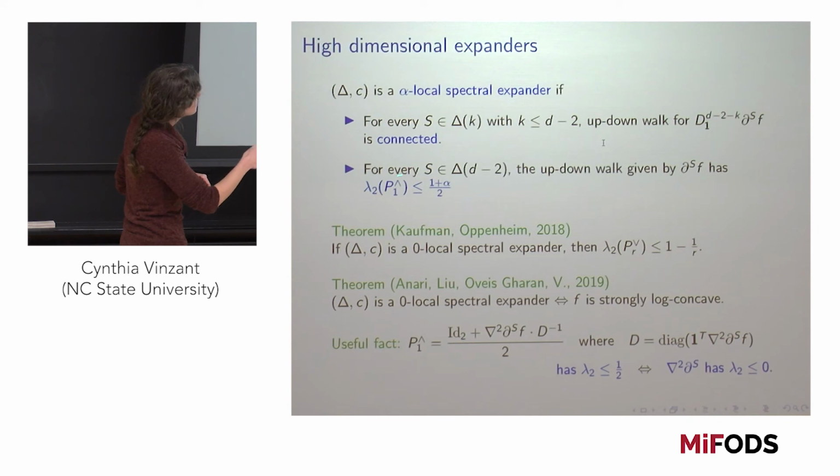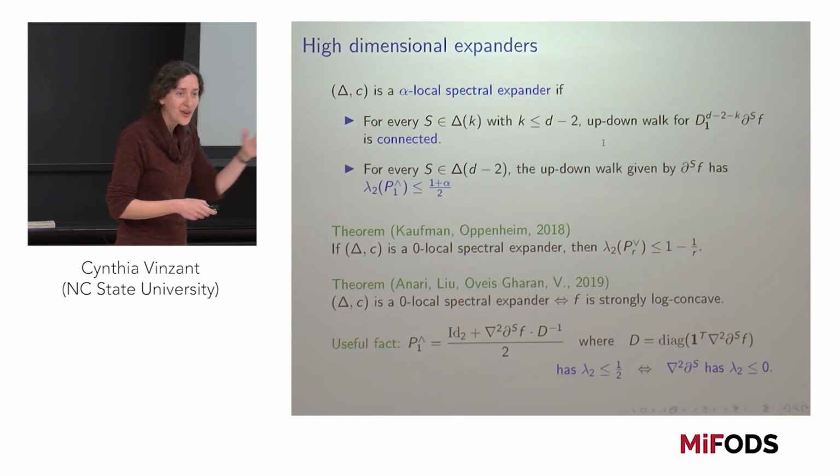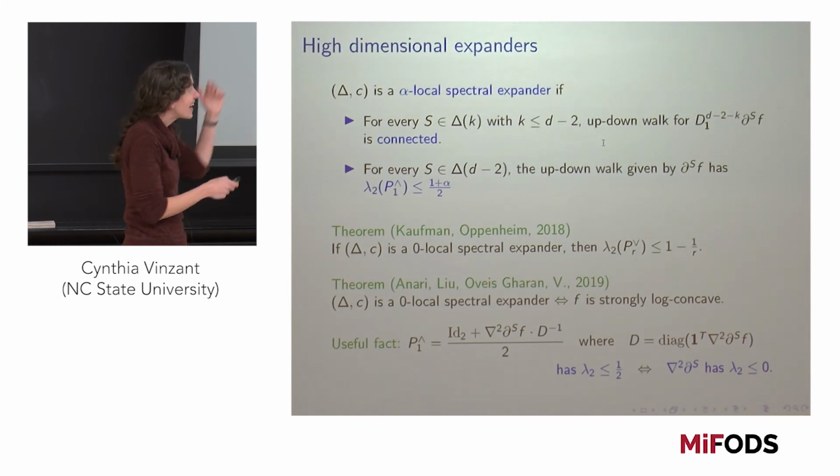this matrix in play here, coming from the derivative, you can actually write in terms of the Hessian of this polynomial. And way back when, we said that if you have a strongly log-concave polynomial, then the second eigenvalue of the Hessian has to be non-positive. And that actually will translate directly into this condition.